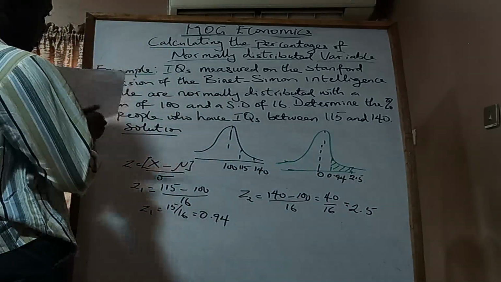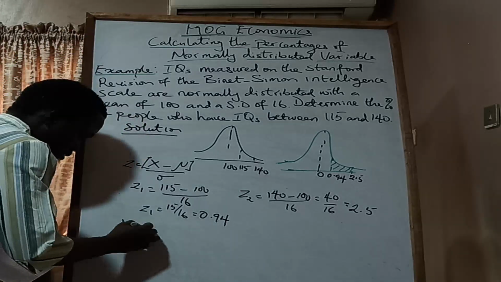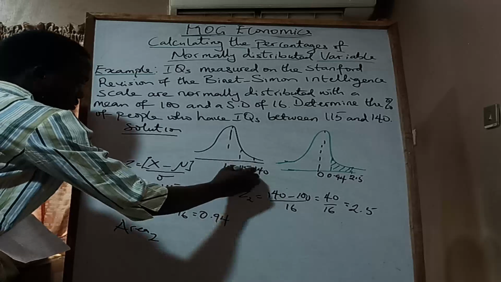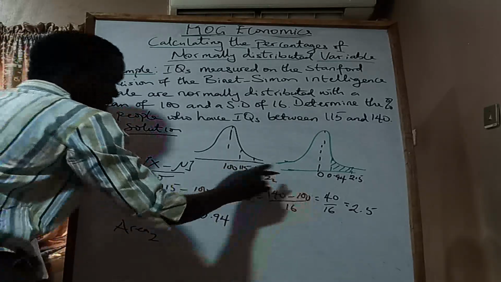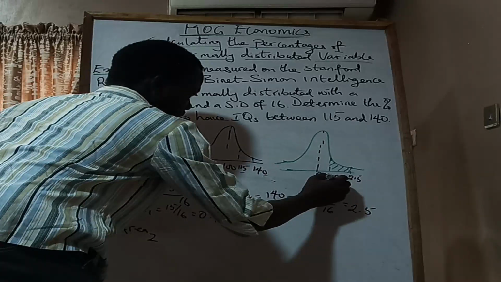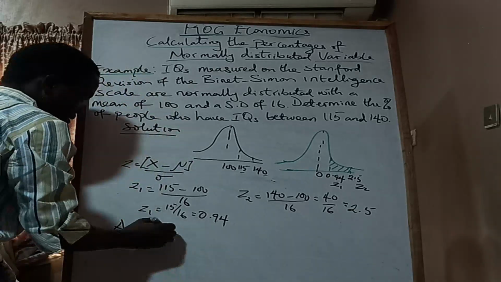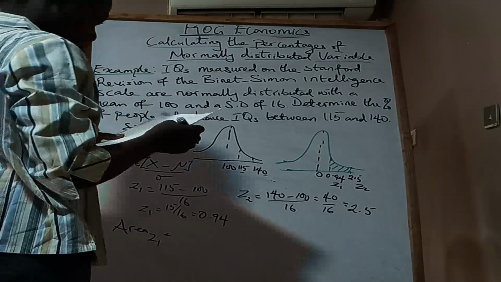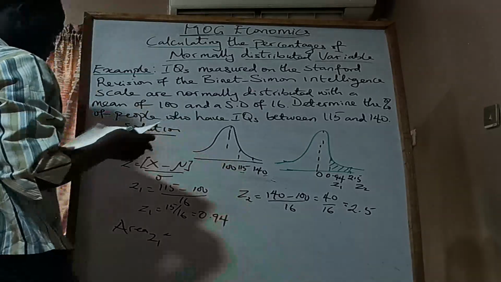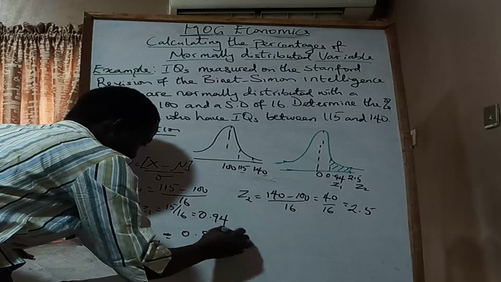If we call these z1 and z2, the area corresponding to z1, the area of 0.94, is 0.8264.